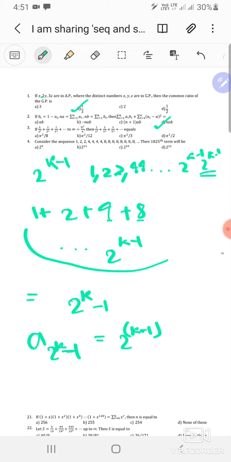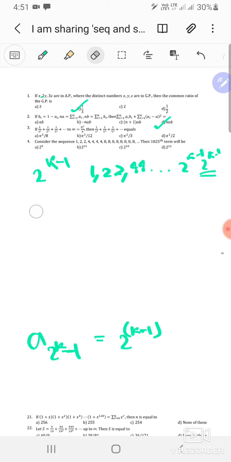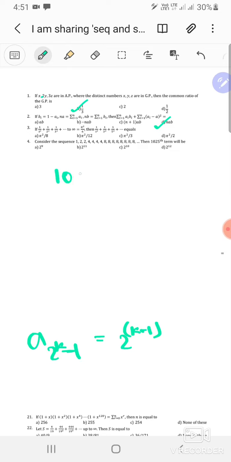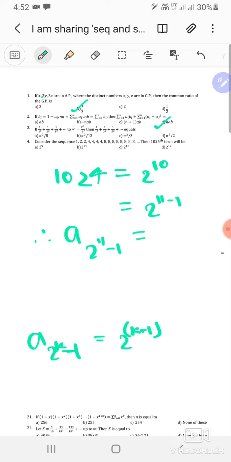So what we want to find is then the 1025th term. Hopefully we will be able to find some power of 2 which is near 1025, and we know that the nearest power is in fact 1024, which is 2 power 10, which can be written as 2 power 11 minus 1. Therefore a sub 2 power 11 minus 1 is equal to 2 power 10. So that's just 1024.